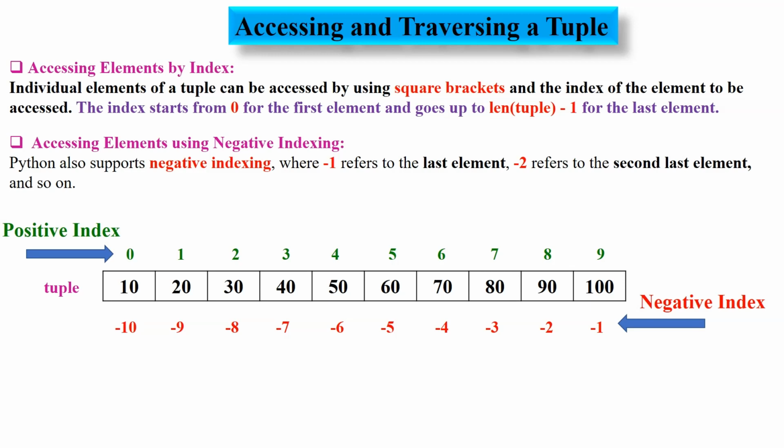Python also supports negative indexing, where -1 refers to the last element, -2 refers to the second last element, and so on. You can look at the picture. A tuple holds elements 10, 20, 30, 40, 50, 60, 70, 80, 90, and 100. Elements of a tuple can be accessed using an indexing method.